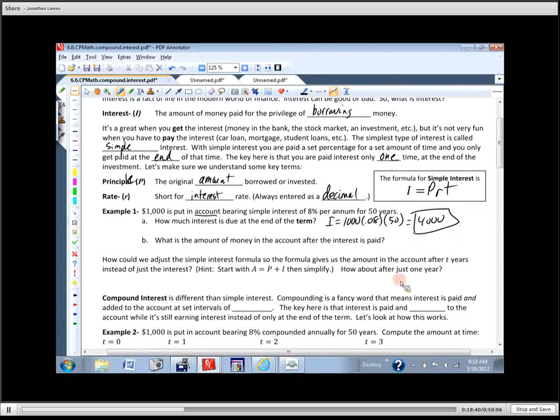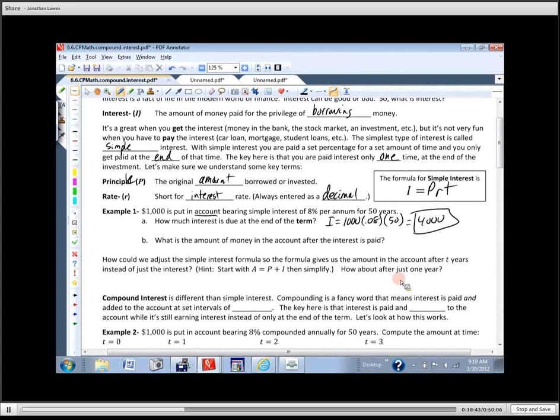Okay, now, listen very carefully, because this formula is different than all the other formulas that we're going to use today. In fact, we're going to adjust this in just a minute. Okay, how much is in the account after 50 years? It's $5,000, isn't it? Because they put $1,000 in there to begin with.